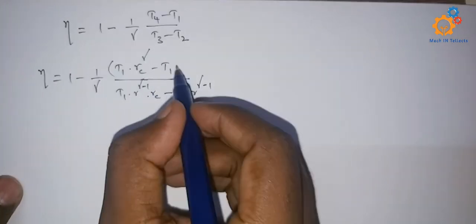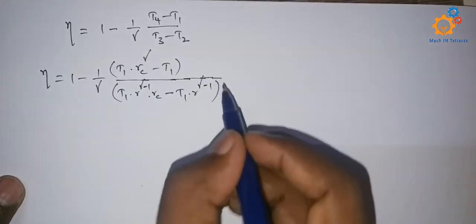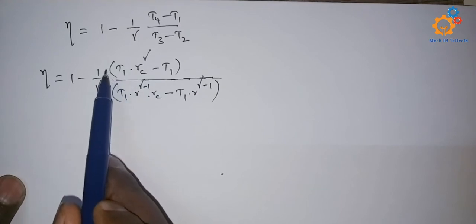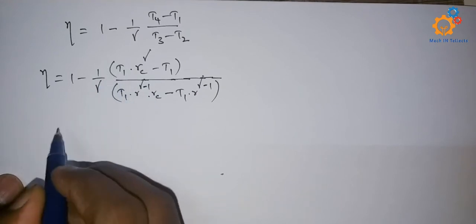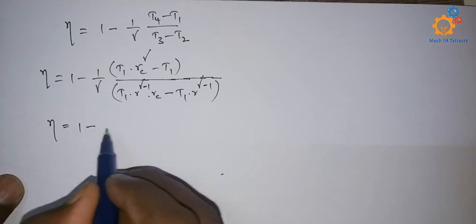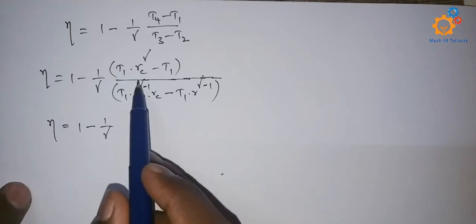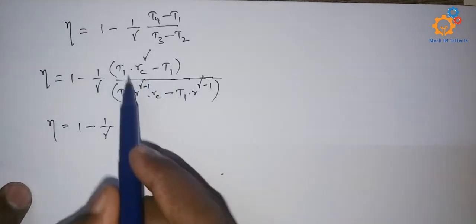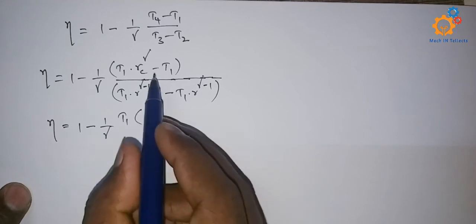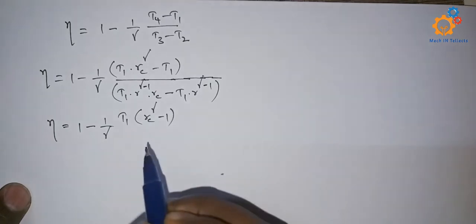Now we can take T1 as common in numerator and denominator. Let's do that. Efficiency is equal to 1 minus 1 by gamma. If you take T1 out in the numerator, you are left with RC power gamma minus 1.